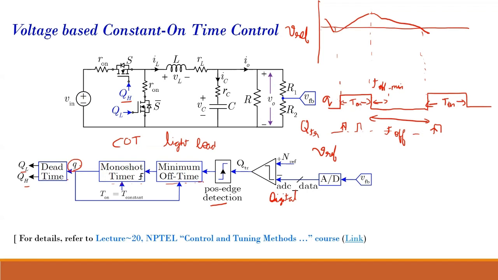The implementation we'll have to see how it is done in the FPGA. Why this minimum off time? This is actually just a representation. How exactly it works in the implementation, we'll get a clearer understanding. Any other queries?